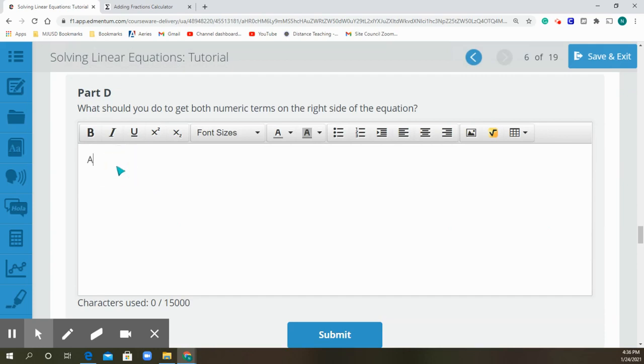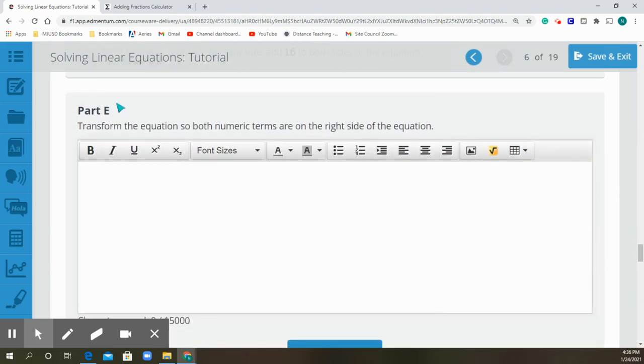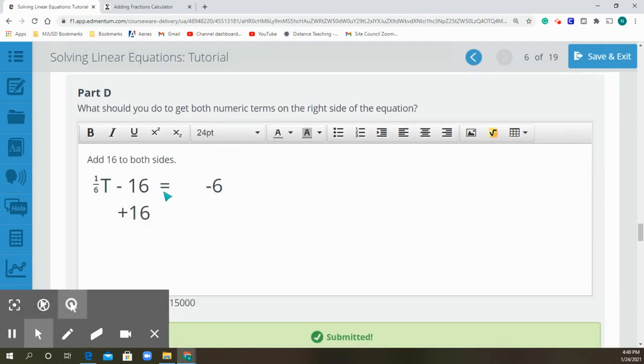So add 16 to both sides. Let's double check, see if we're correct. To get both numeric terms on the right side, add 16 to both sides of the equation. That's what I said, yay! Transform the equation so both numeric terms are on the right side of the equation. So add 16 to both sides, add 16.